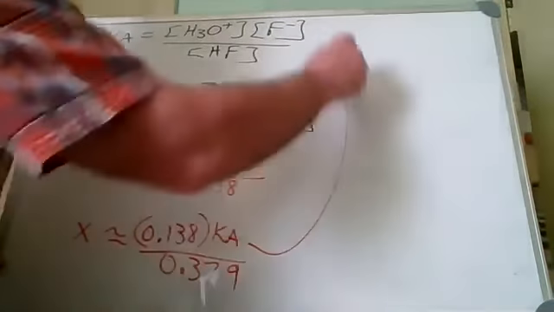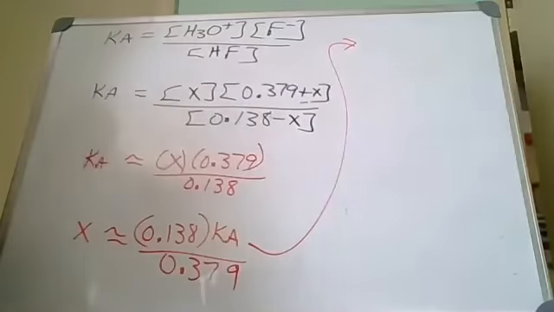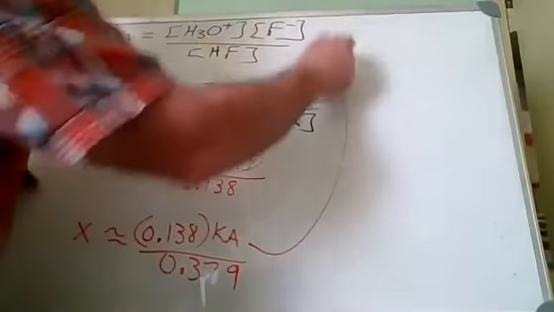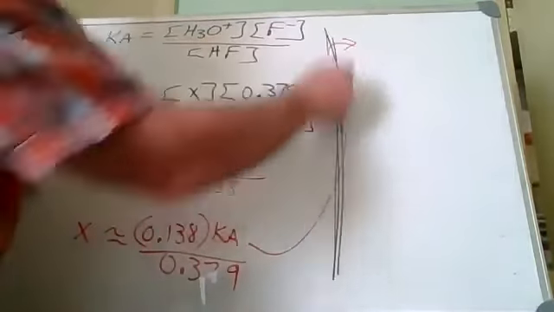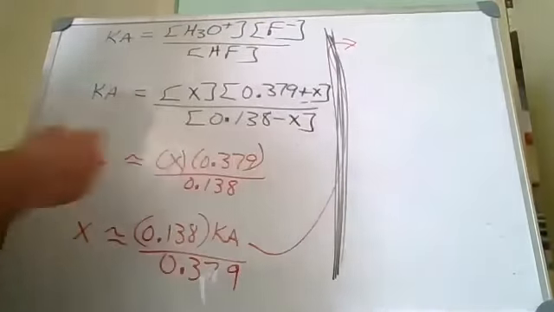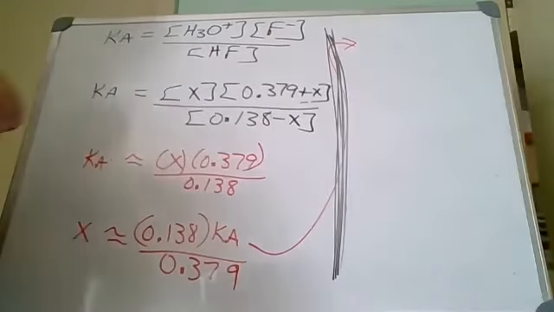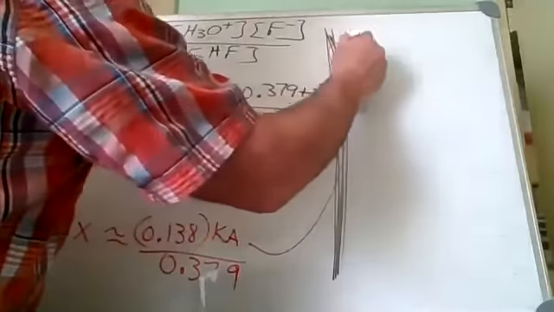And we'll bring this up here. Let's draw this line down to separate it. So plug in the value for Ka.